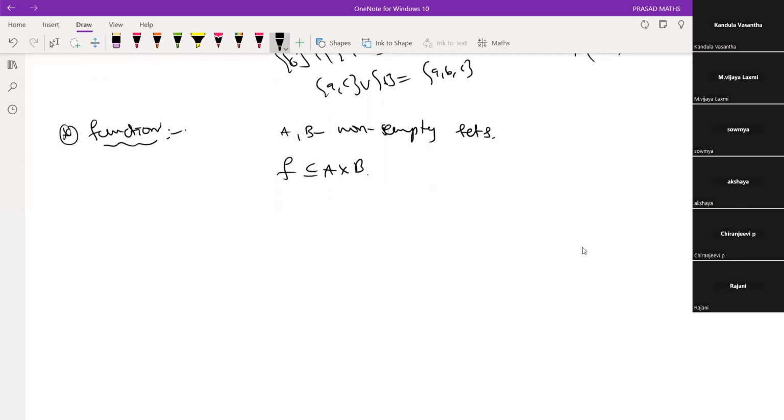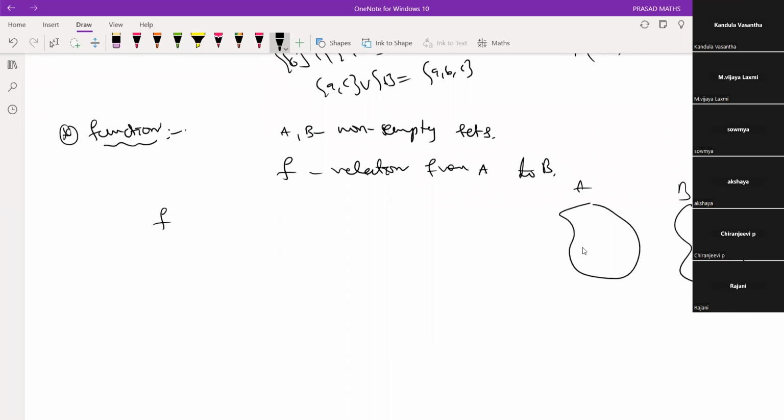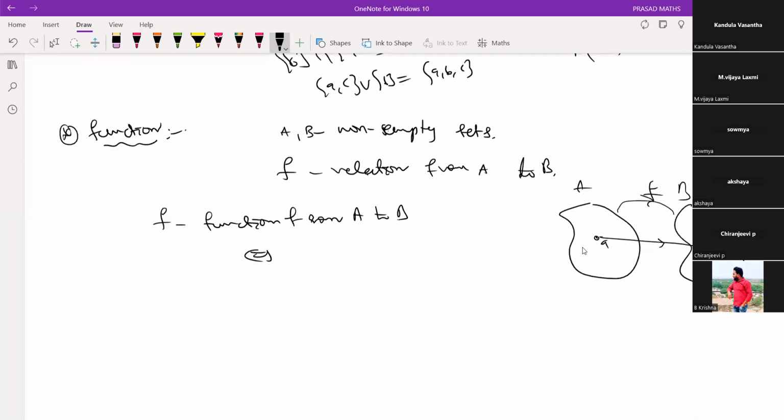F is a relation from A to B. Each element of A has exactly 1 element of B. So to say F is a function from A to B, every element that you take in A has a unique image in B under the relation F.